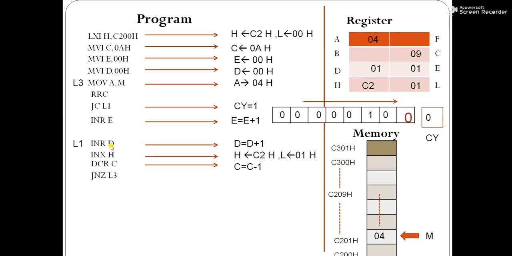We have to skip the INR D instruction. What instruction will we use? Yes, we are going to use the unconditional jump, JMP. Here we are not checking any condition; we are just jumping, skipping some instructions and jumping to another instruction wherever we want.